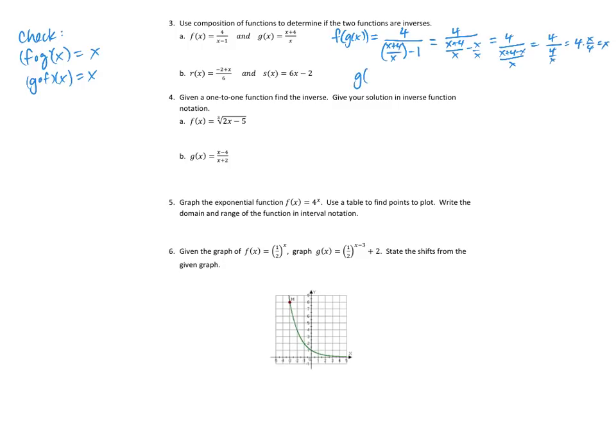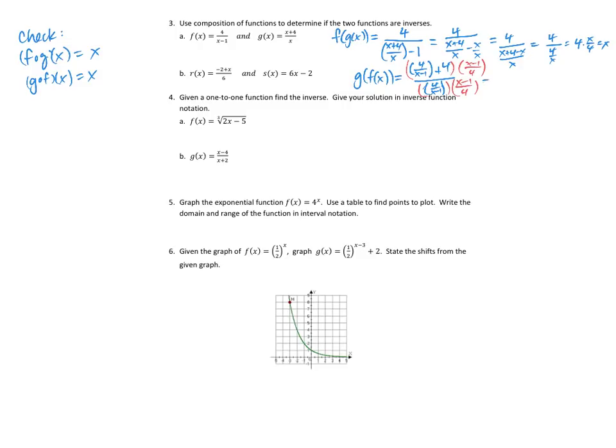Let's look at g of f of x. Okay, so I'm going to have 4 over x minus 1 plus 4 over x minus 1. To simplify this, I think I'm going to multiply the top and bottom by x minus 1 over 4 over x minus 1 over 4.